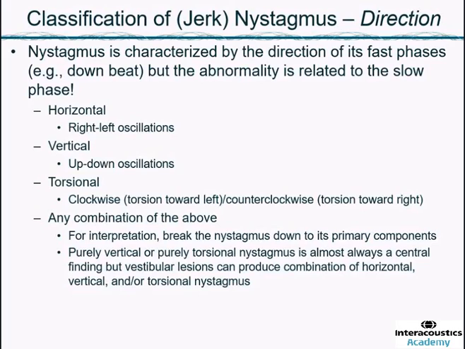So torsional nystagmus is usually classified based on the movement of the upper pole of the eye. So if the fast phase of the torsional nystagmus moves toward the right ear, that's called a counterclockwise rotation. And then if the eye moves the opposite direction, toward the left ear, that's a clockwise rotation.